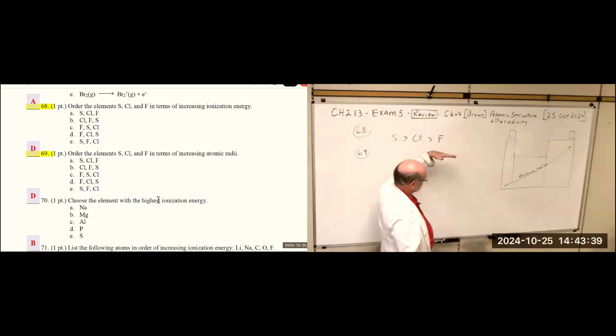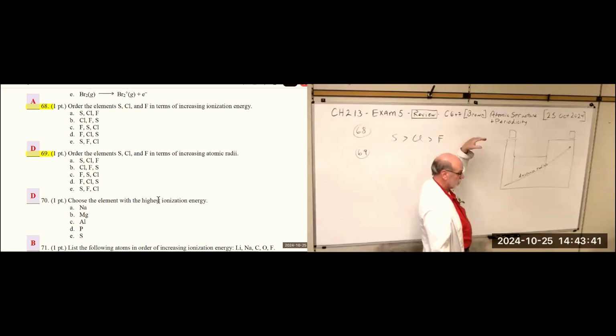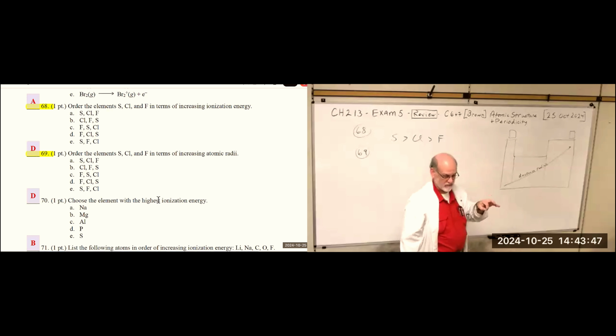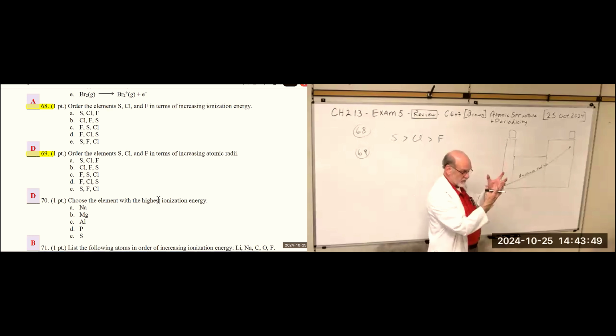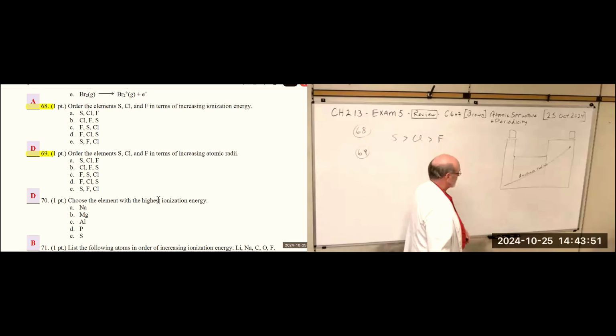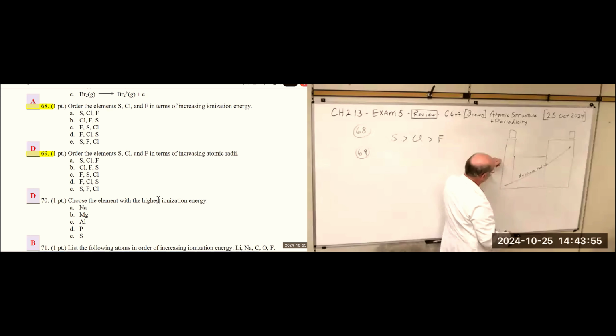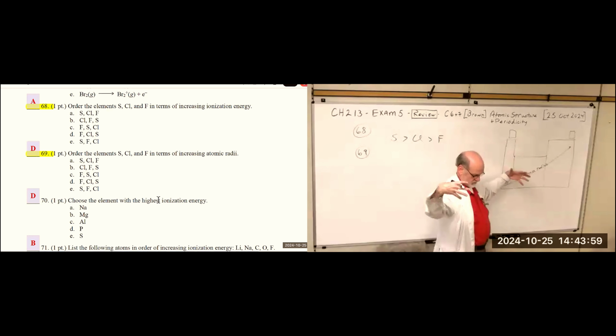Now, in a period, the reason you get a decrease in radius is because you have essentially the same orbital structure, but you've got more nuclear charge, more protons, pulling all those electrons. The trend going down is that you're adding more levels, and that makes your atom bigger.